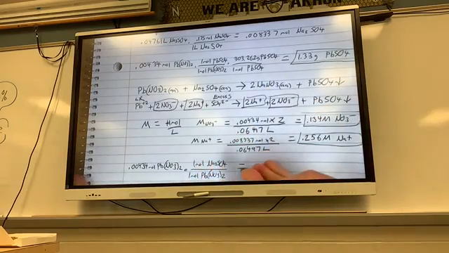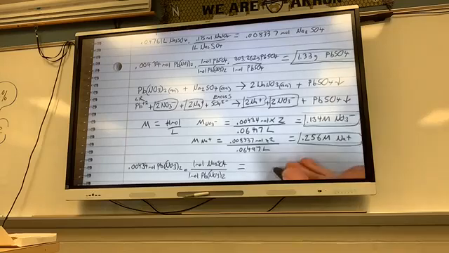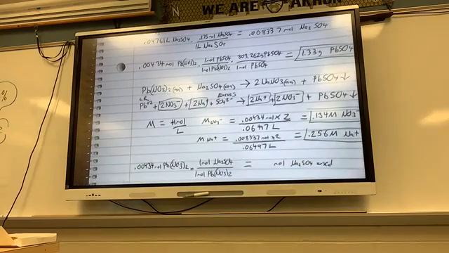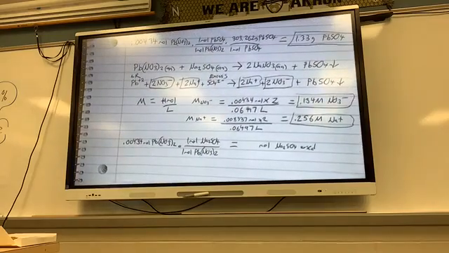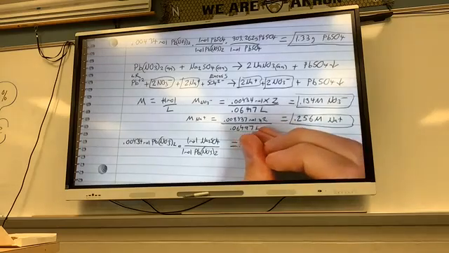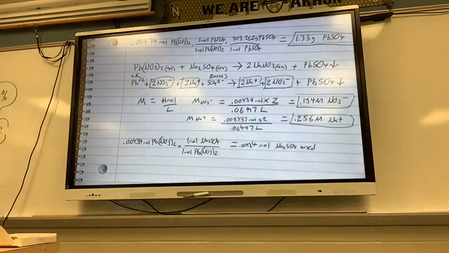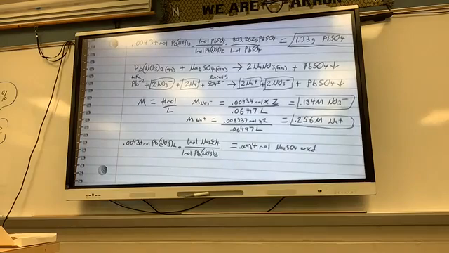This will give me my moles of Na2SO4 used. That's what I'm solving for here. How much did I actually use? What's my answer? 0.00434 moles of Na2SO4 used.